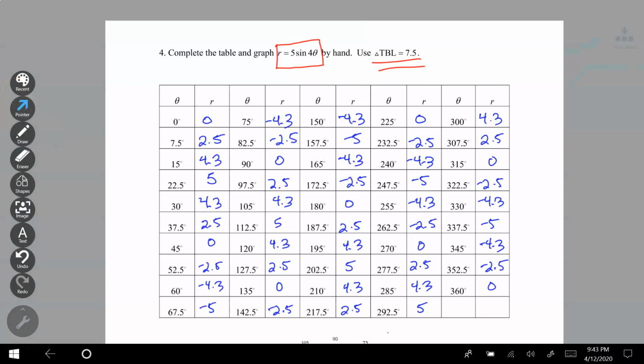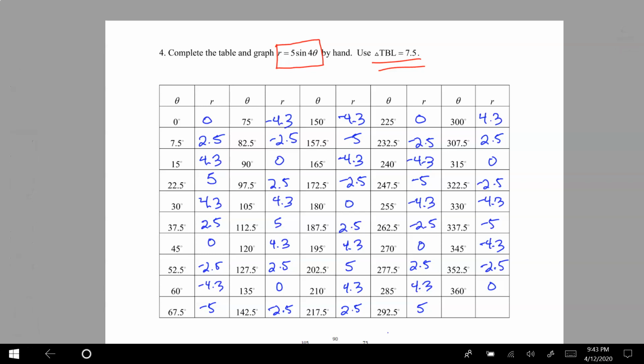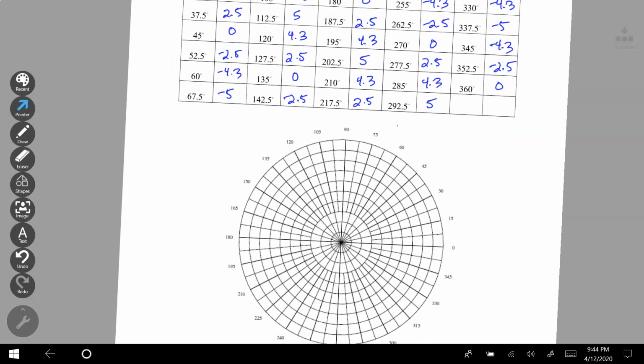As you see, as I completed this table, it's really similar to the previous problem. A lot of 2.5s, 4.3s, 5s, and 0s in this table with negatives with them.